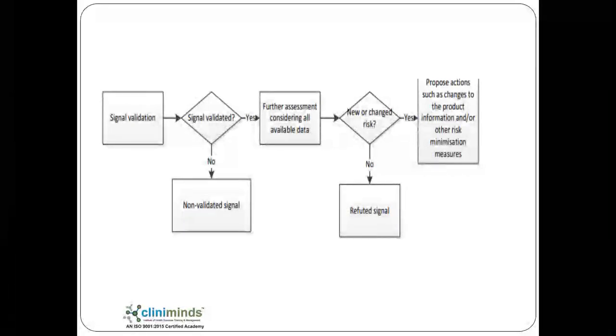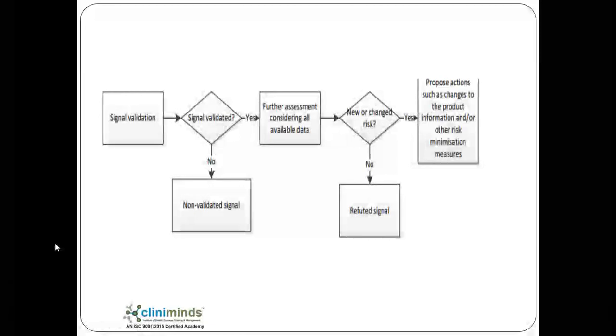The signal detection could be qualitative or quantitative. The Bradford Hill criteria is for assessing the cases, in which these points are seen: the strength, consistency, specificity, temporal association, biological plausibility, coherence, reversibility. So this basically sums up the evaluation.